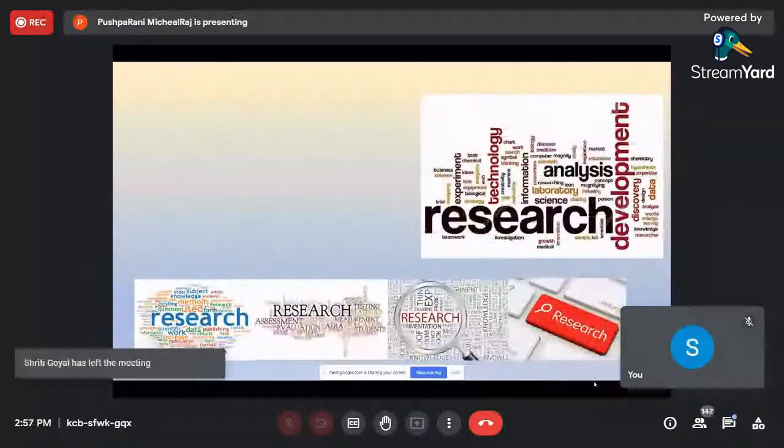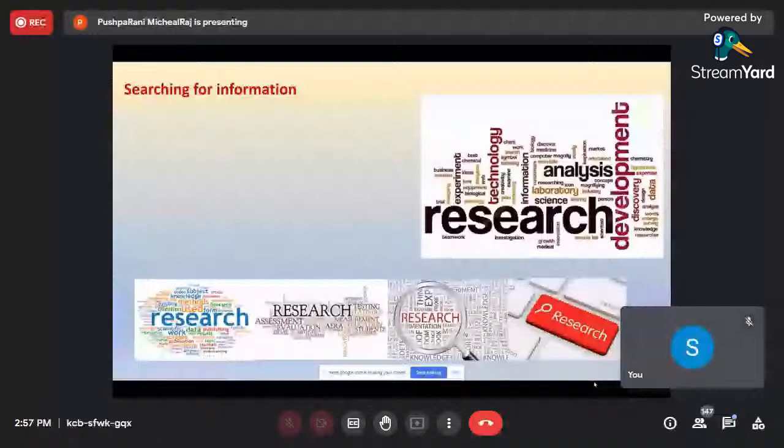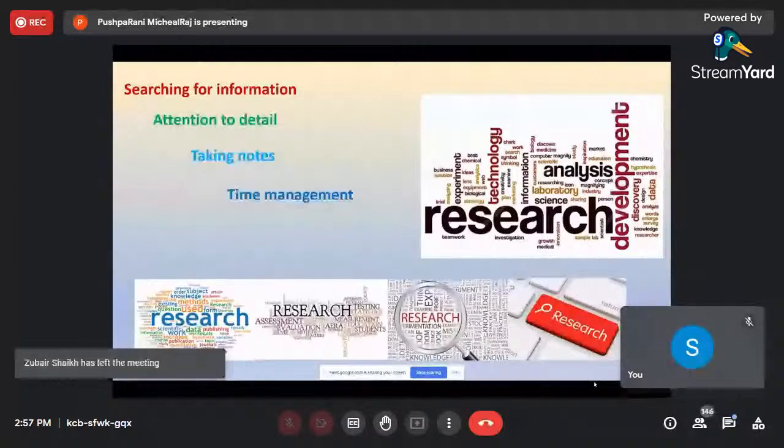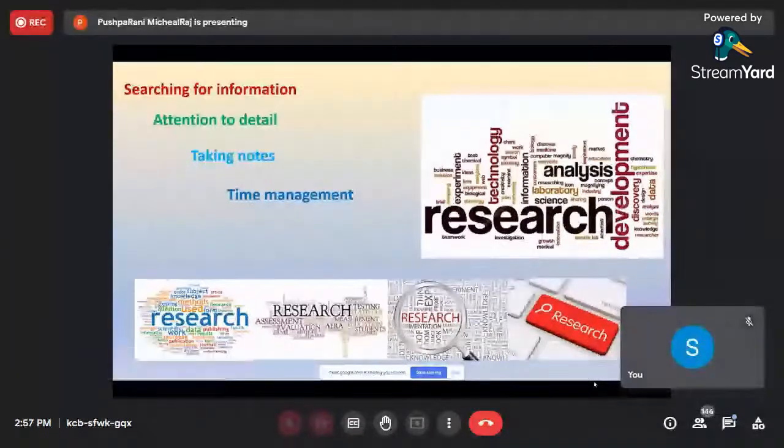So to summarize: searching for information, attention to details, taking notes, and you must have time management in order to finish your research, problem solving, and communicating your research. When it comes to searching for information, all research involves the search for credible information that you already got or searched somewhere.